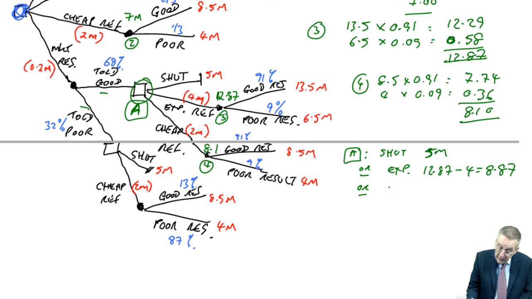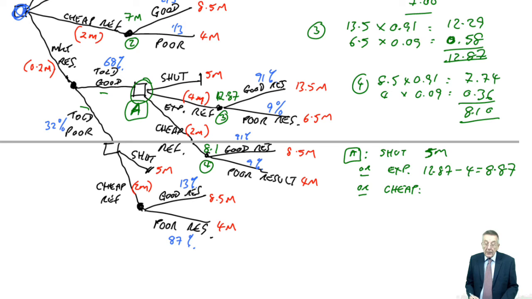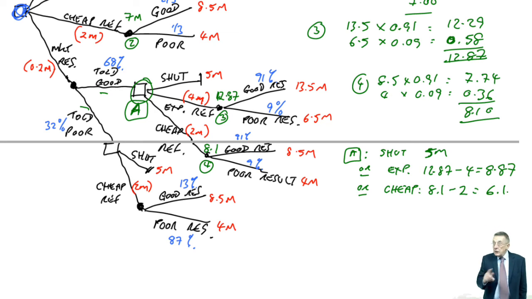Or we do the cheap. And if we do the cheap, we'll get back an expected 8.1 million. We'll have had to pay 2 million. And so we get 6.1. Now it's our choice. And so which would we choose if we ever got to that situation? We do market research, we say it's good.